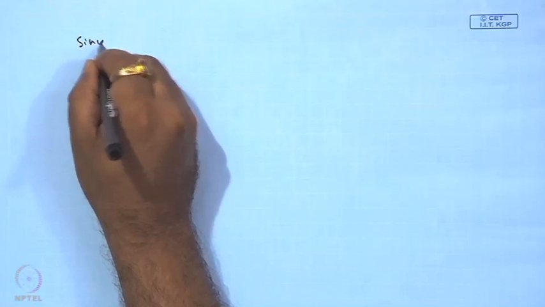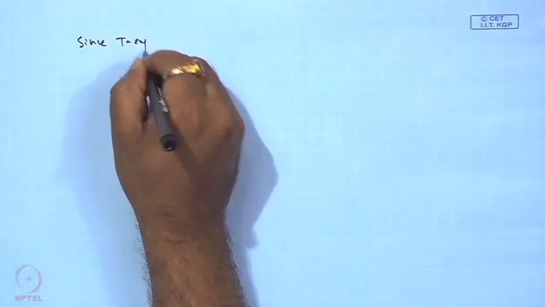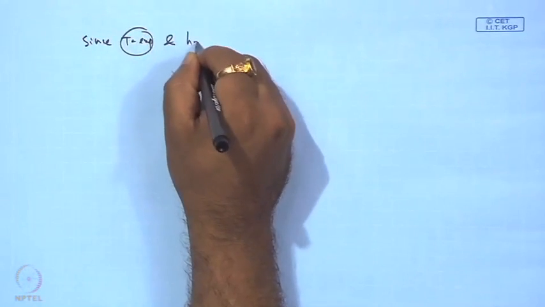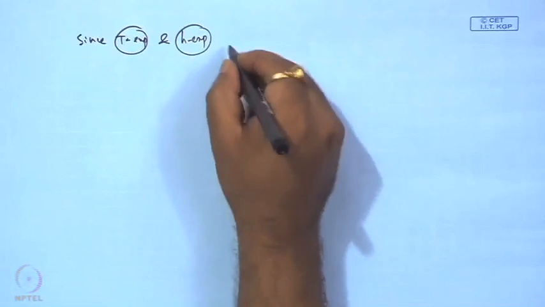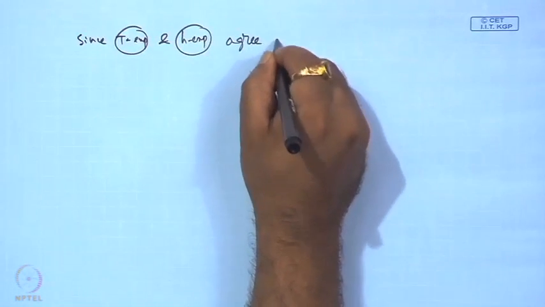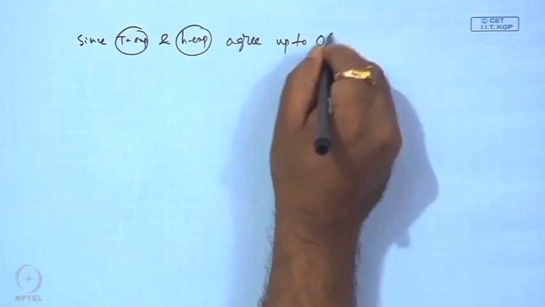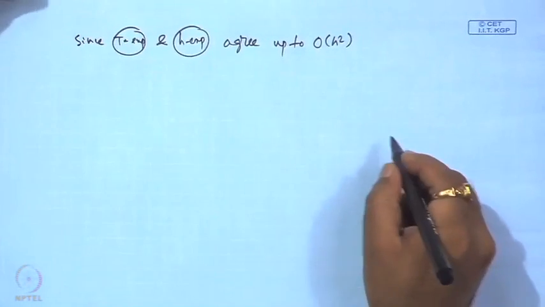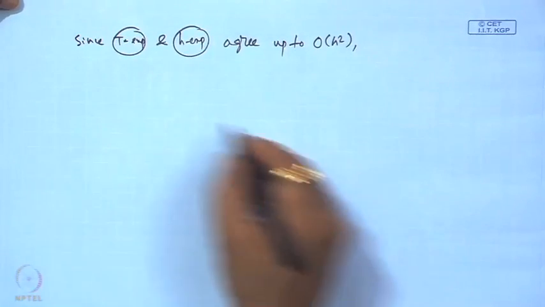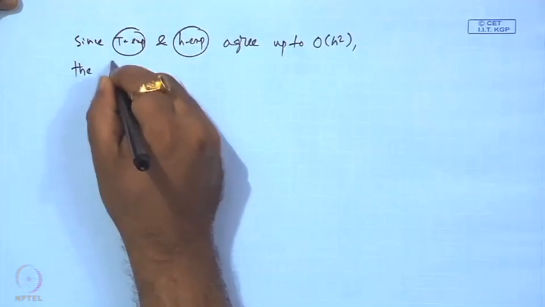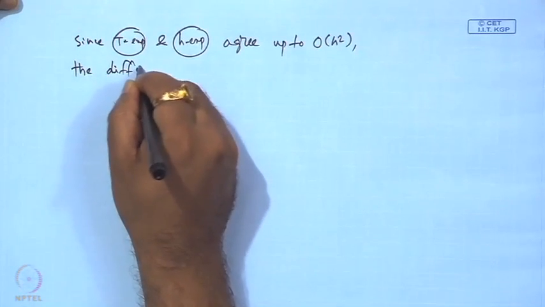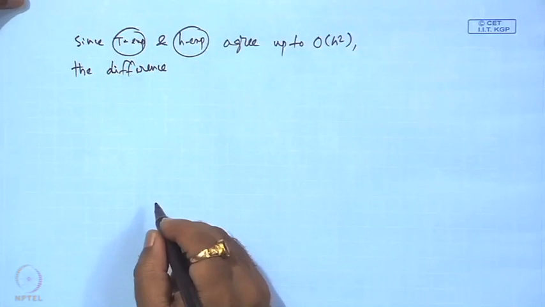So, if you consider the difference, okay, since the T expansion and H expansion agree up to h square, okay, what will happen to the difference?